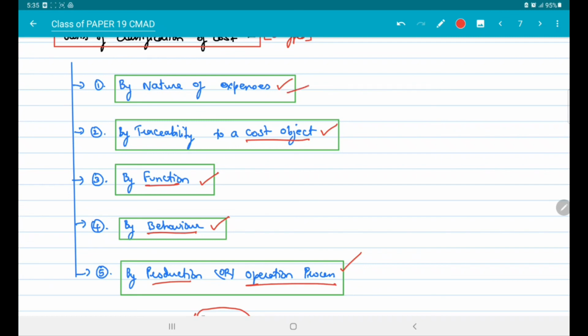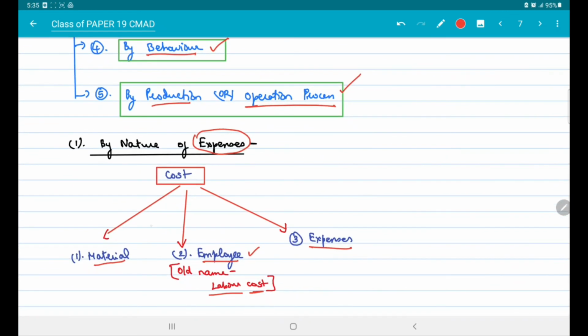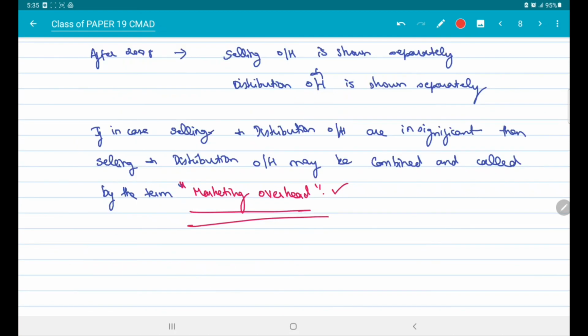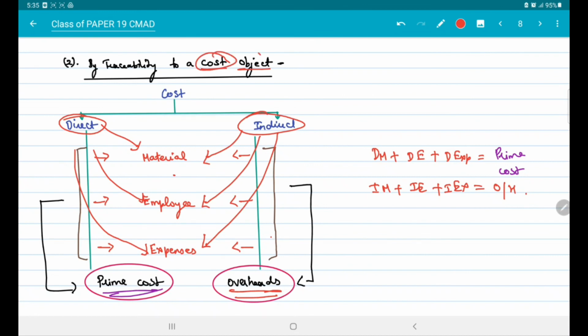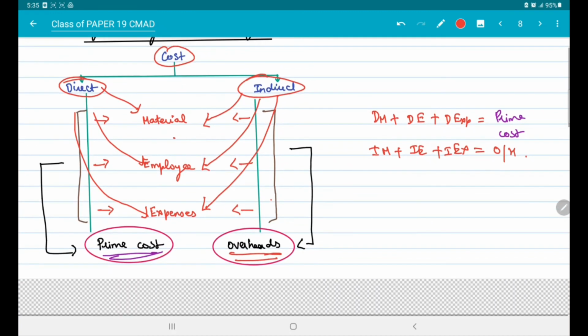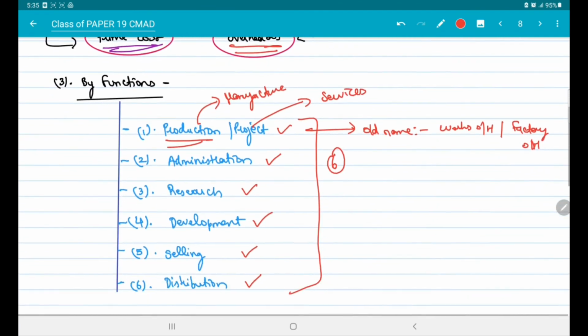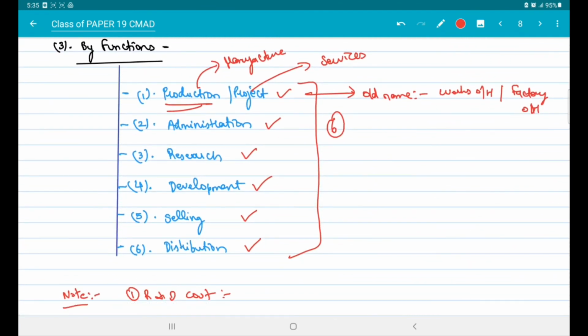So by nature of expenses, cost is divided into 3: material, employee, expenses. By traceability to cost object, cost is divided into 2: direct and indirect. Direct material, direct employee, direct expenses, all together called as prime cost. Indirect material, indirect employee, indirect expenses, all together called as overheads. If by function, 6: production, administration, research and development, selling, distribution.